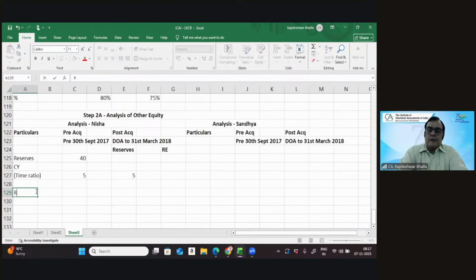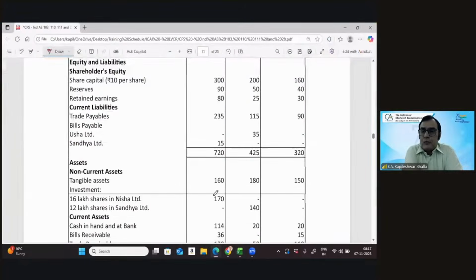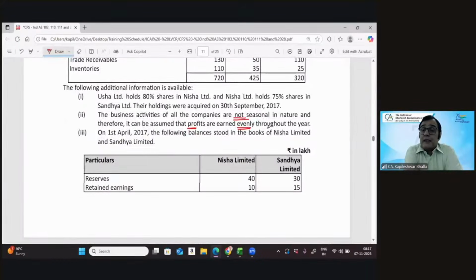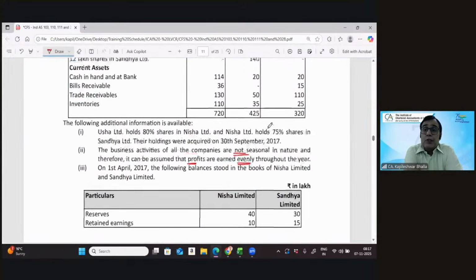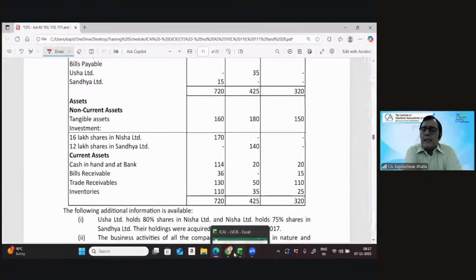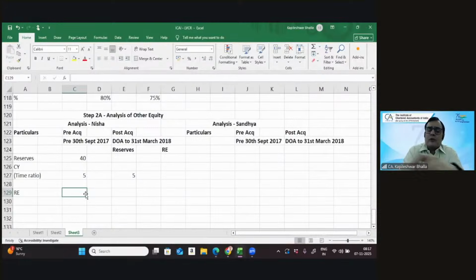Now let's go to the retained earnings. Similar calculations will be done. Retained earnings in the balance sheet is given to me as 25, and the retained earnings at the beginning of the year is 10. So would you like to tell me what is pre and post? The 10 undoubtedly is pre. What about that increase of 15?